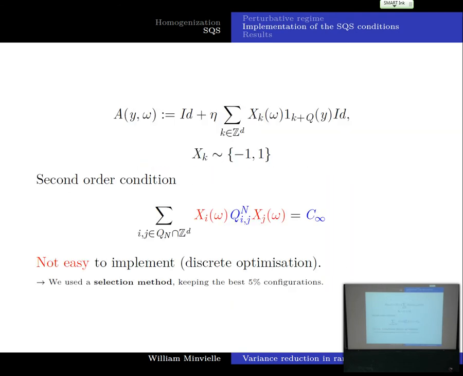Here, I picked the best 5% configurations. So when the supercell size increases, of course, this would be closer to this. But on the other hand, I am much more picky on the configuration I choose. I expect them to be that much closer. Okay?